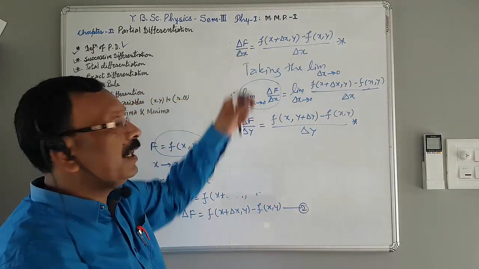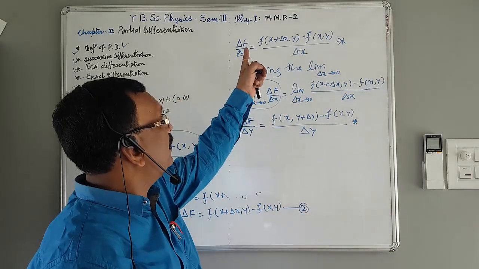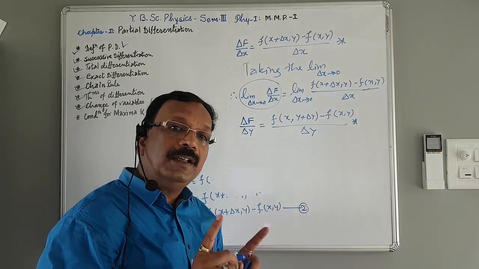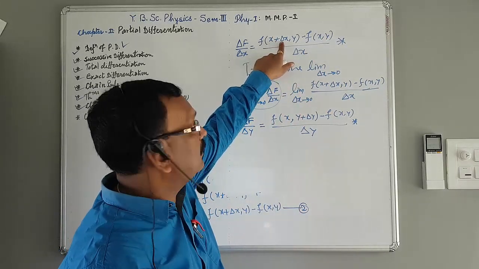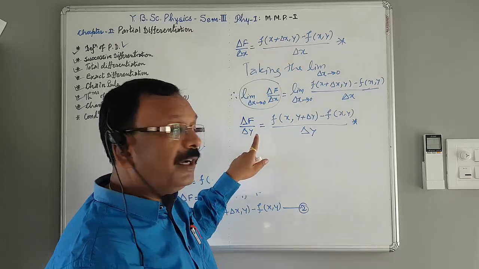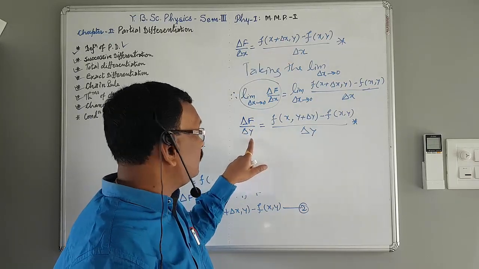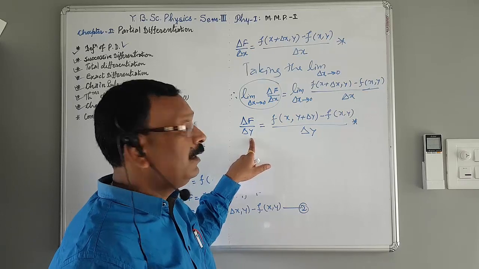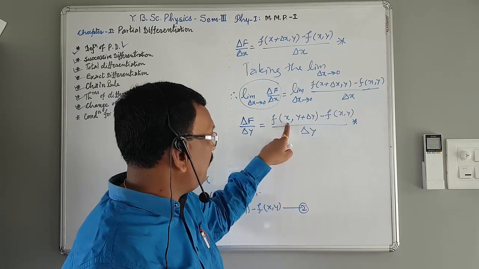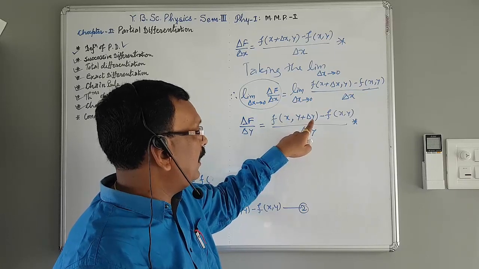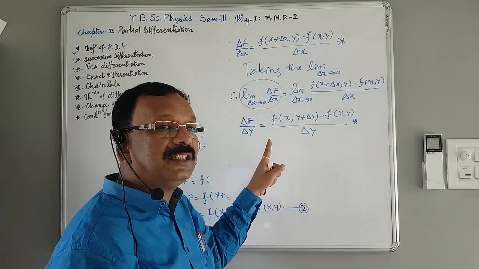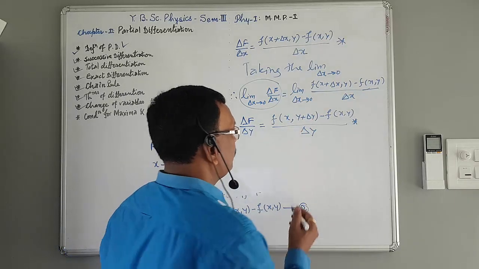In the first equation, function f changes with respect to x keeping y constant. That means x changes to x plus delta x. And here function f changes with respect to y keeping x constant, that is x remains as it is and y changes to y plus delta y. Therefore, function f changes to f plus delta f.